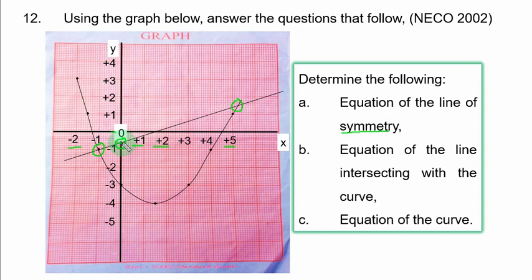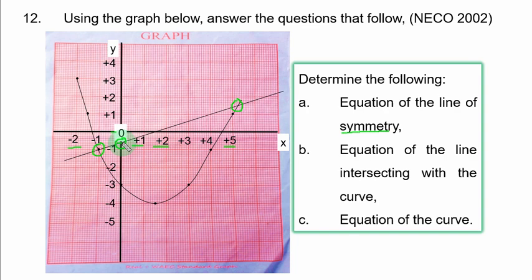Then C, equation of the curve. Equation of the curve is not given to you, but this curve shows that the graph is quadratic, and the general equation there is y equal to ax squared plus bx plus c.